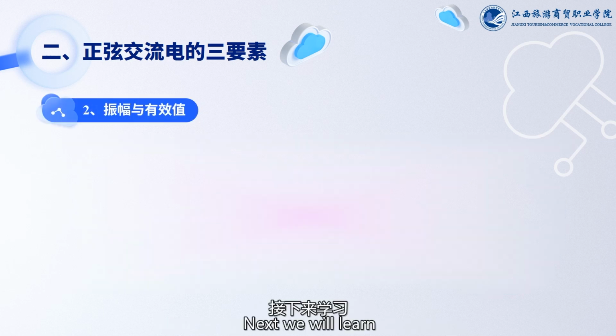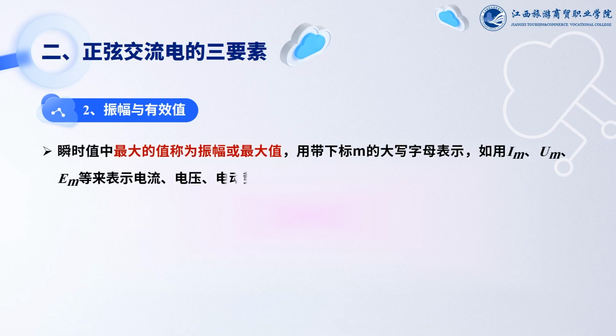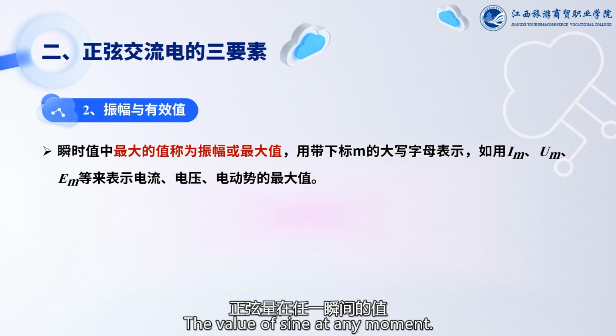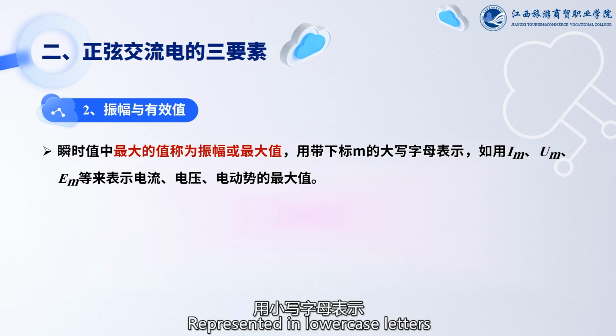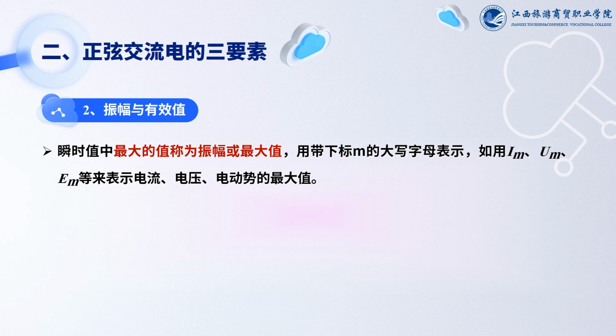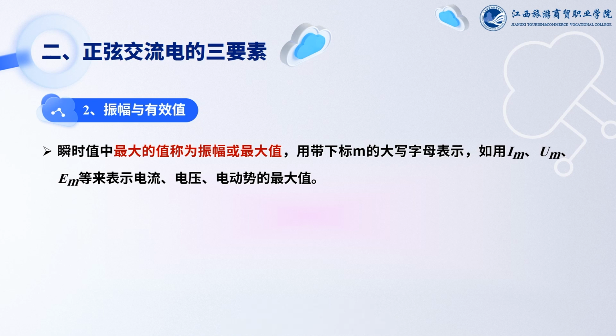Next, we will learn what are amplitude and effective value. The value of a sine quantity at any moment is called the instantaneous value, represented in lowercase letters. For example, i is used to represent instantaneous current.